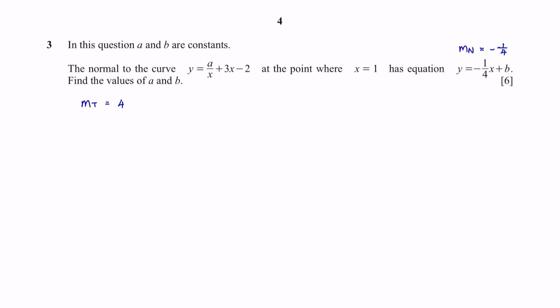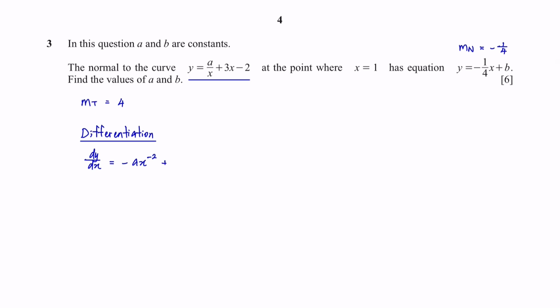And we can differentiate this equation to find the value of a. So first, we do differentiation. So dy over dx equals negative a x to the negative 2 plus 3.